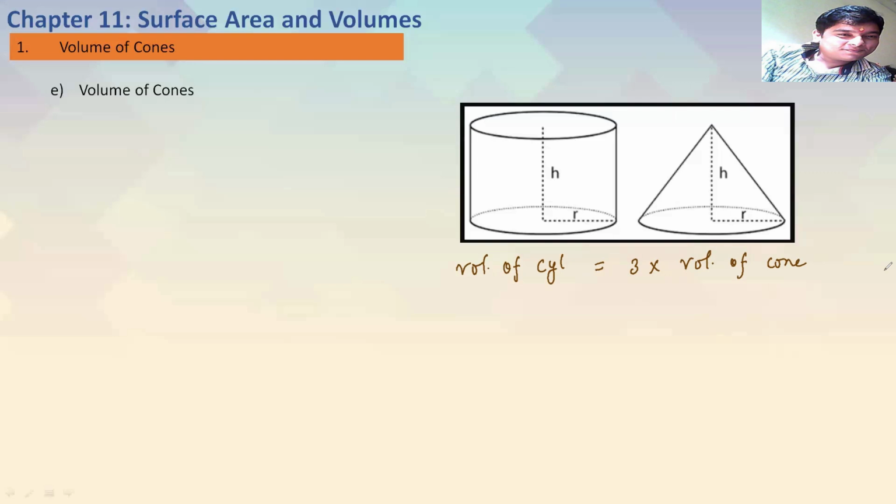We filled the cone thrice, completely filled it, and then put the water or milk into the cylinder, right? So in three goes, this cylinder was filled. So that means this cone's volume is 1/3 of the volume of the cylinder, or volume of cylinder is three times the volume of cone. Am I clear?